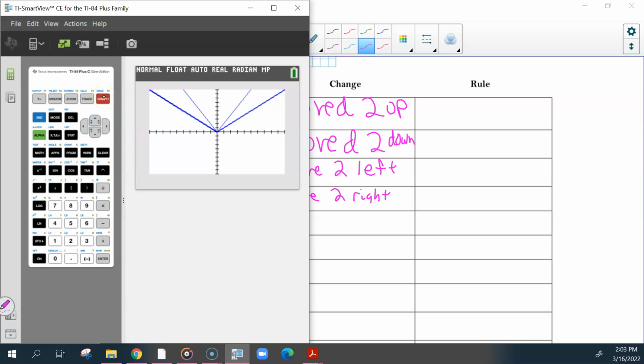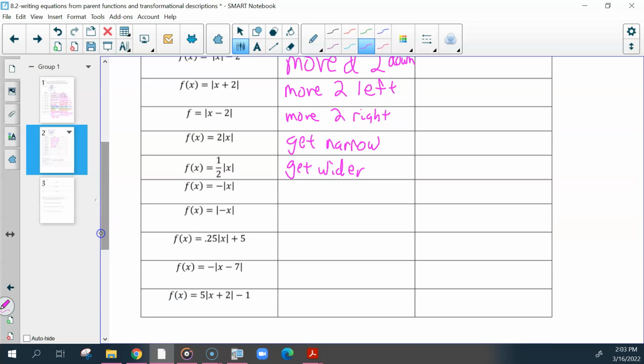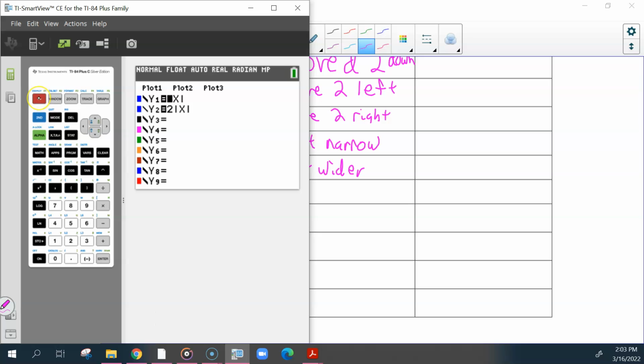And see that it's doing the same thing it did for the quadratic, which is narrower. Which means this y. Here is where it's a little different. We have a negative on the outside.